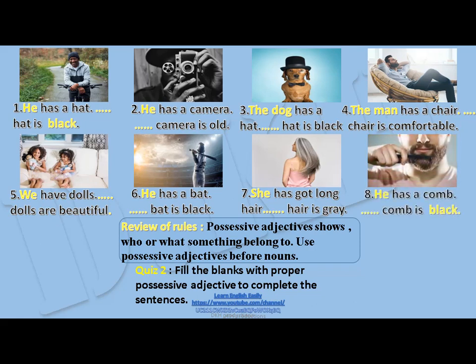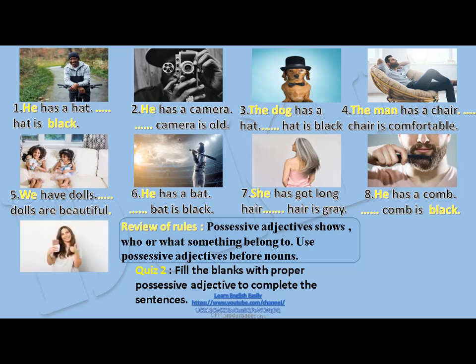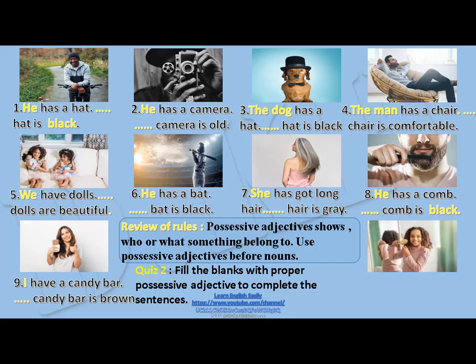Number 8, he has a comb. His comb is black. Number 9, I have a candy bar. My candy bar is brown. Number 10, she has a hairbrush. Her brush is yellow.